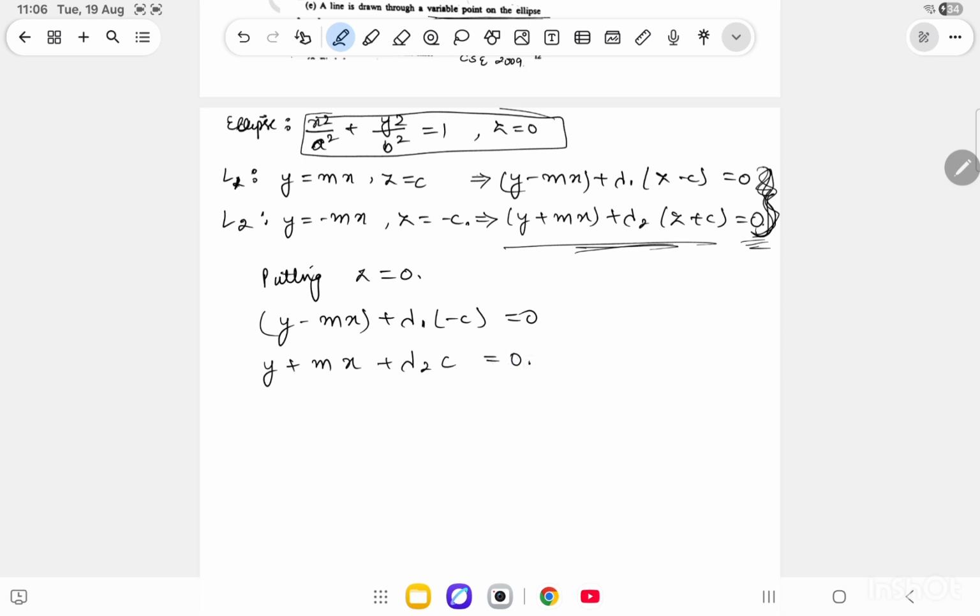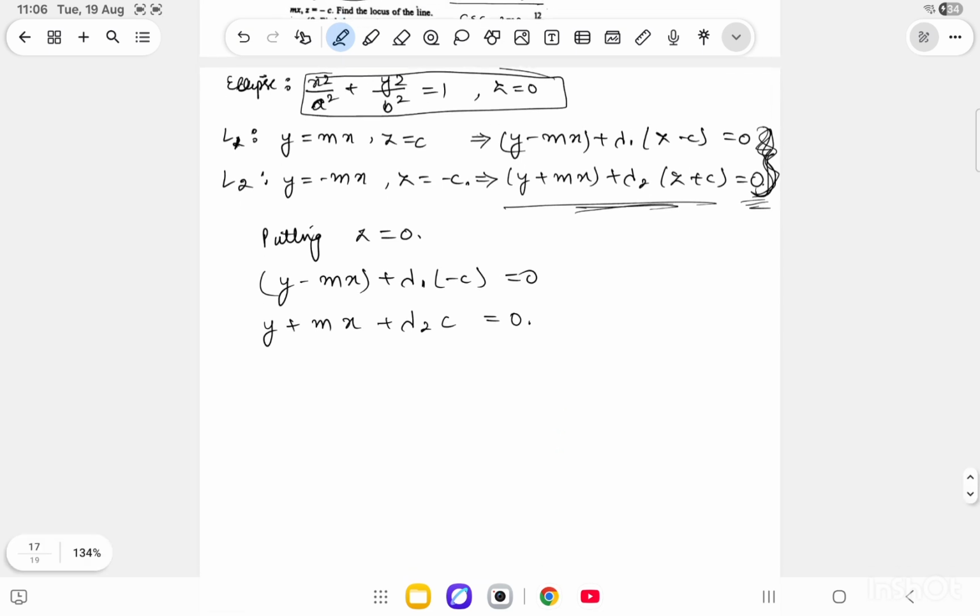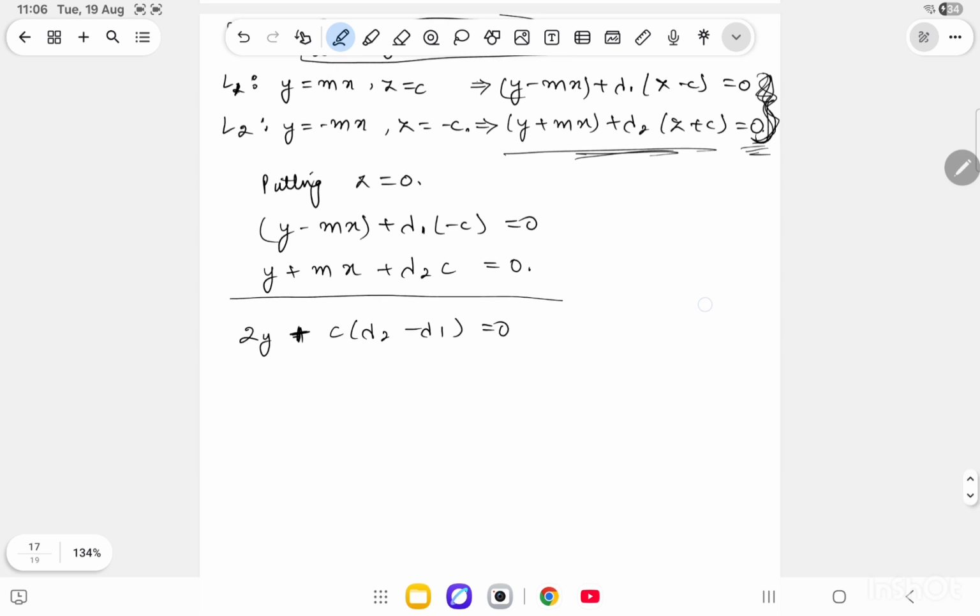Now I can easily solve it for x and y. If I solve it for x and y, I can just add these two equations. On adding these two equations, I'll get 2y plus c into lambda 2 minus lambda 1 equals 0. So from here I got my y as minus c by 2 lambda 2 minus lambda 1, which is basically y equals c by 2 lambda 1 minus lambda 2.